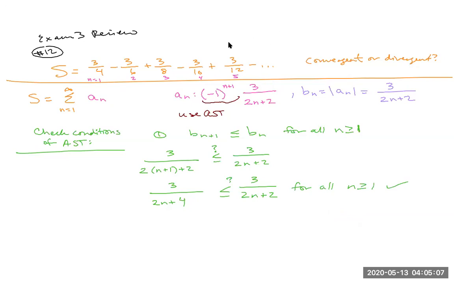Okay. And then the second part, we want to check that the limit as n goes to infinity of b sub n is actually equal to 0 for all n within those bounds. So we have the limit as n goes to infinity, b sub n is going to be 3 over 2n plus 2.